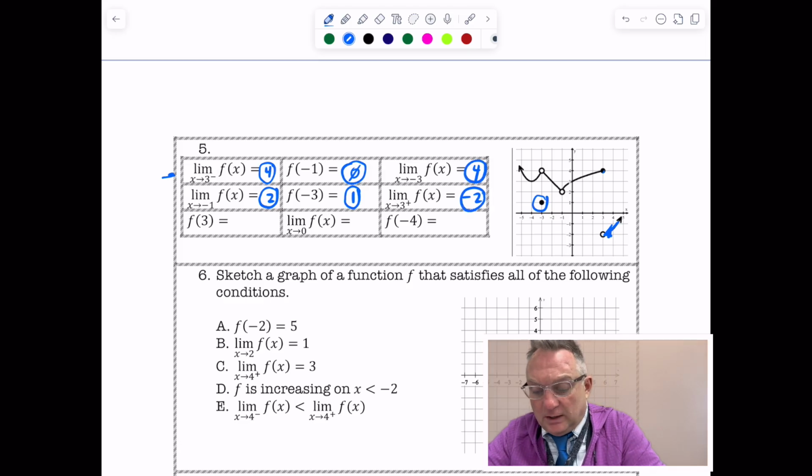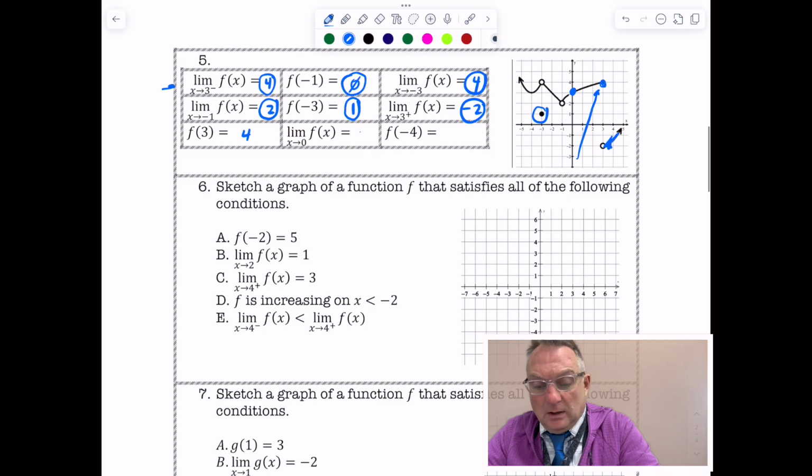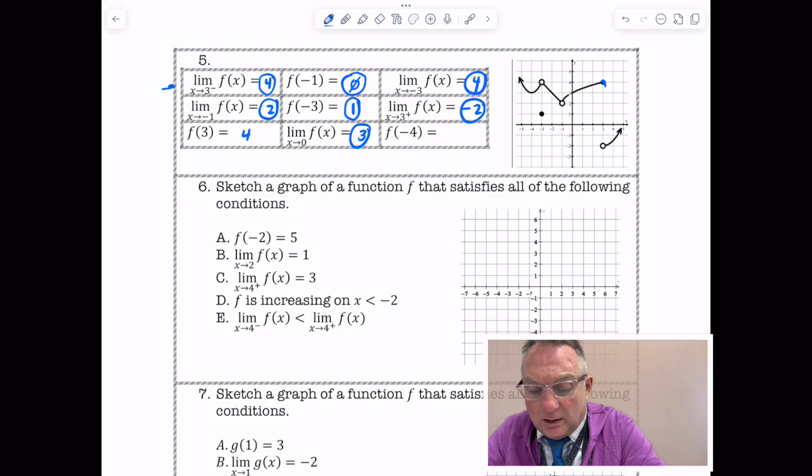F of 3 is the closed circle, so that's different. That's equal to a 4. When x approaches 0 from both sides, it's equal to 3. And then lastly, find the function f of -4. -4 is right here. That looks like that comes out to be 3.